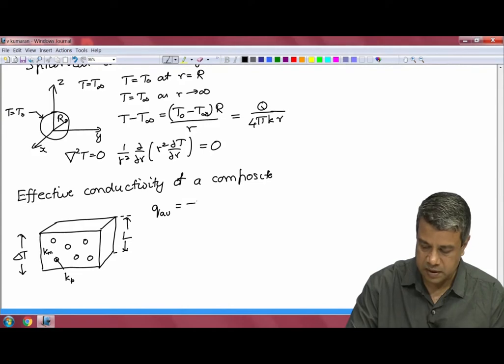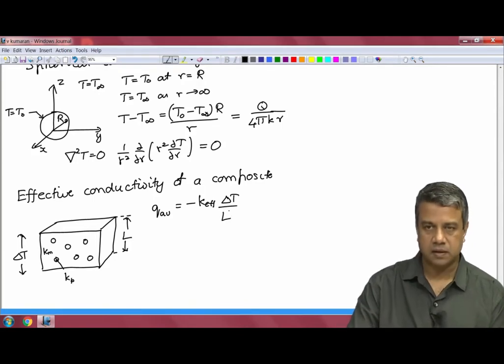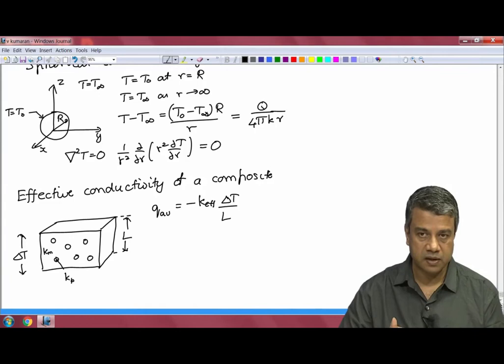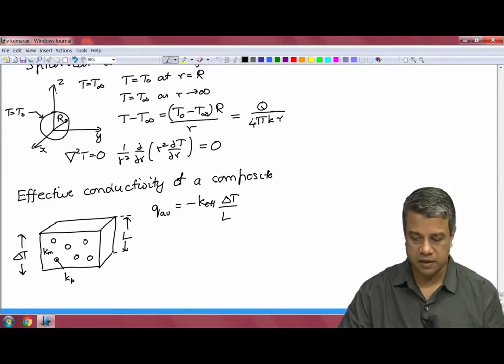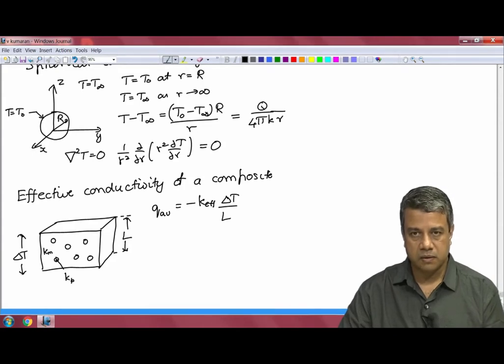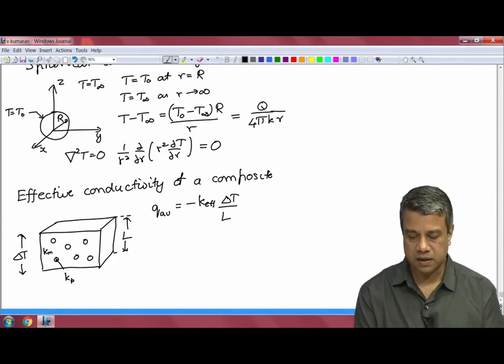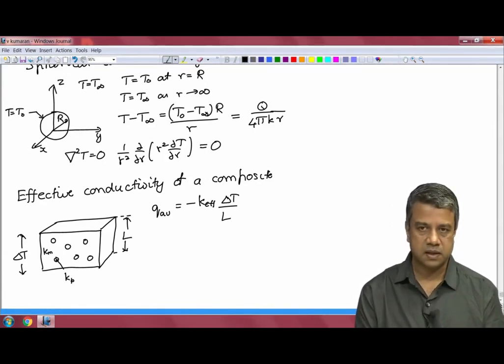is equal to minus K effective delta T divided by L: the macroscopic temperature difference divided by the macroscopic length scale, times the effective conductivity. What we would like to know is how this effective conductivity is related to the conductivity of the particle and the conductivity of the matrix.